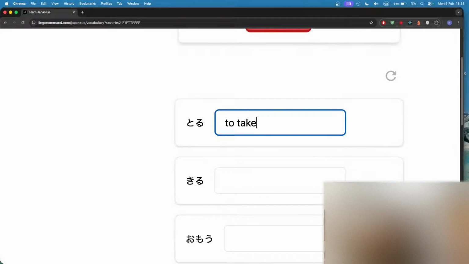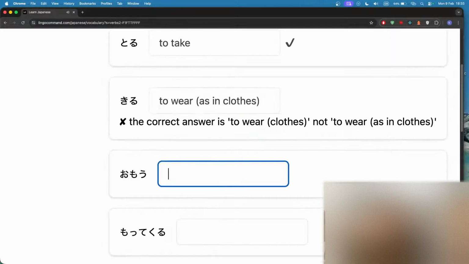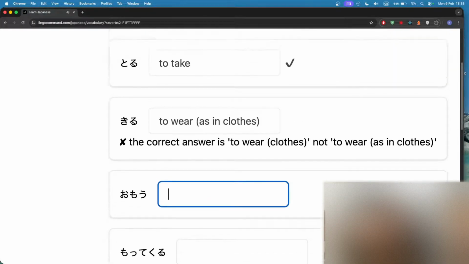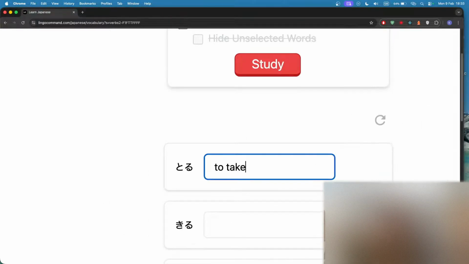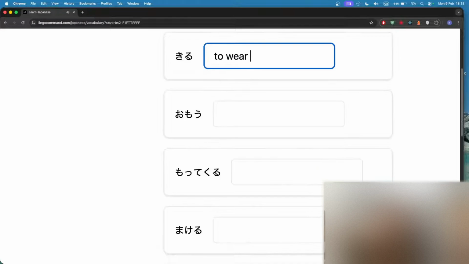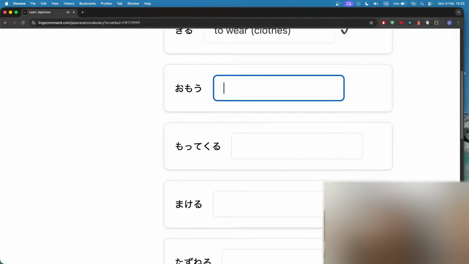So toru was to take. Kiru was to wear, as in clothes. I gotta kind of do it in an expected format. So okay, to take, to wear clothes. Omou is to think.